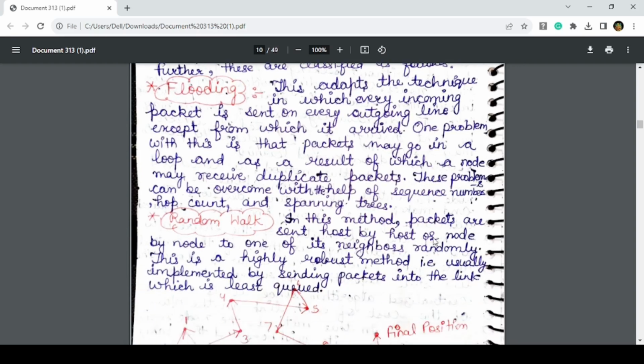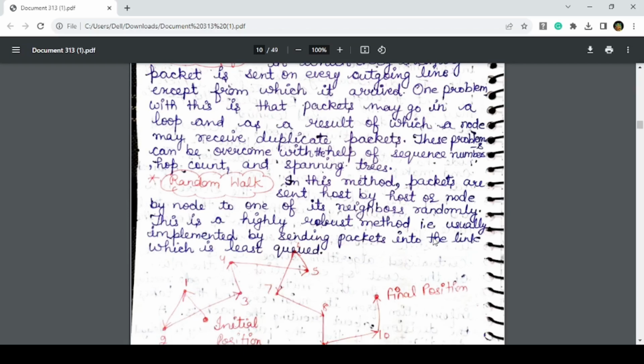Next is random walk. Random walk means that in this method packets are sent host by host or node by node to one of its neighbors randomly. Not sequentially, it is randomly. And this is a highly robust method which is usually implemented by sending packets into the link which is least queued.